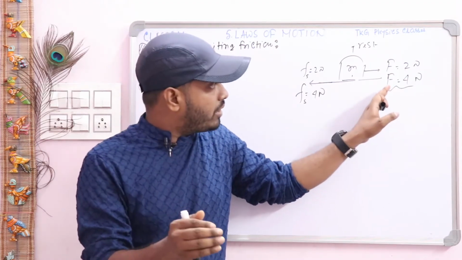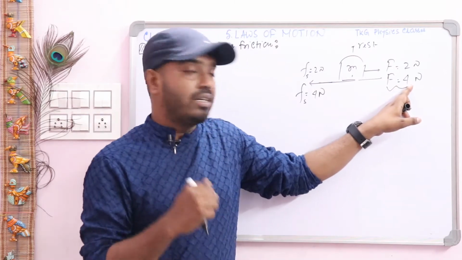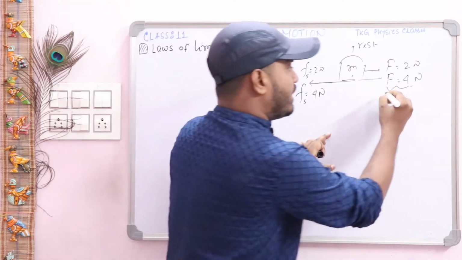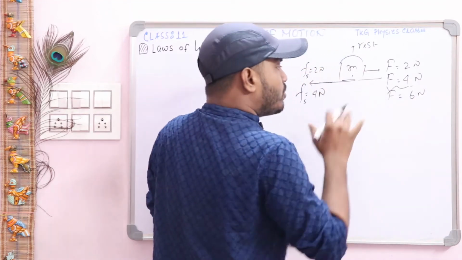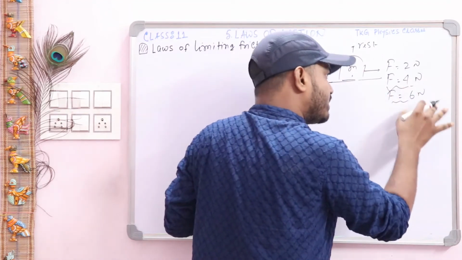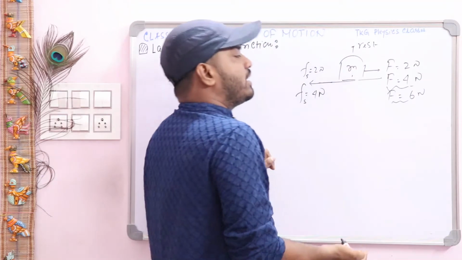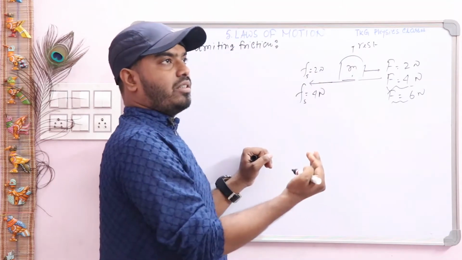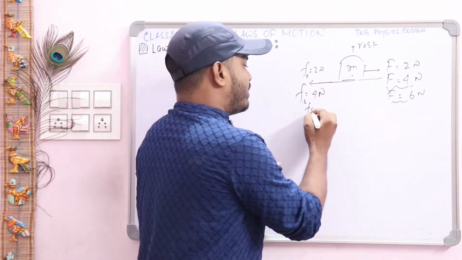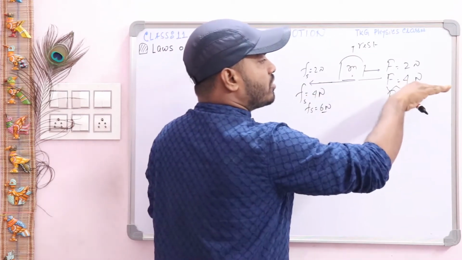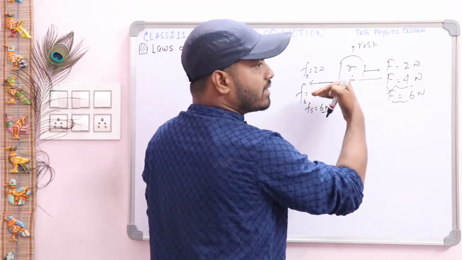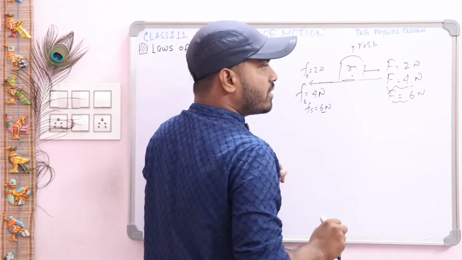Now suppose I increase the external force to 6 Newton. When I apply an external force of 6 Newton, I also observe that the body is at rest, so obviously the static frictional force also increases, and that is also equal to 6 Newton. 6 Newton in the positive x-axis, 6 Newton in the negative x-axis, so the body is at rest.